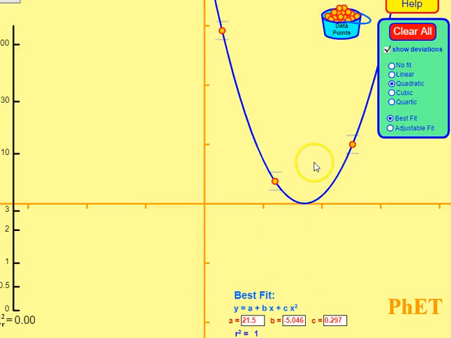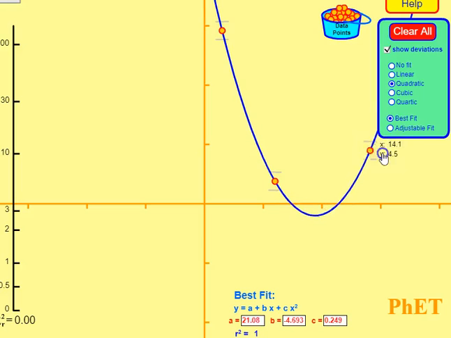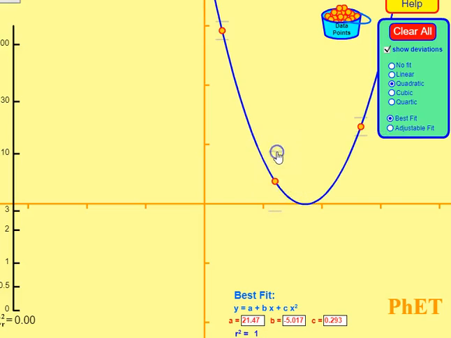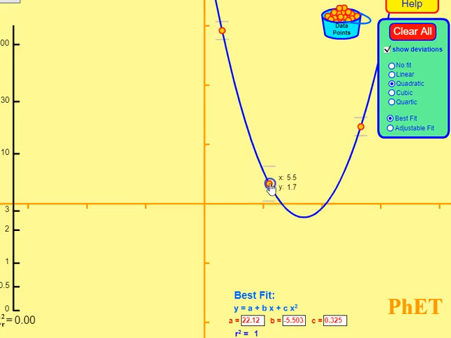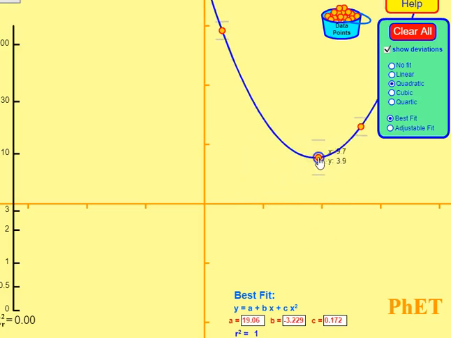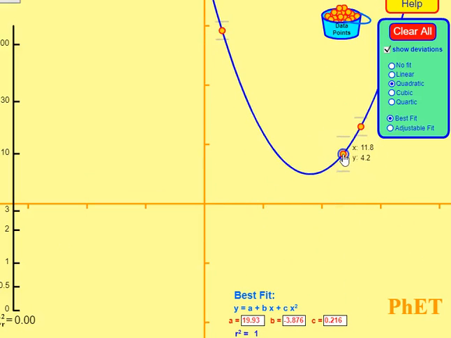So as you see over here, the line of best fit is quadratic.